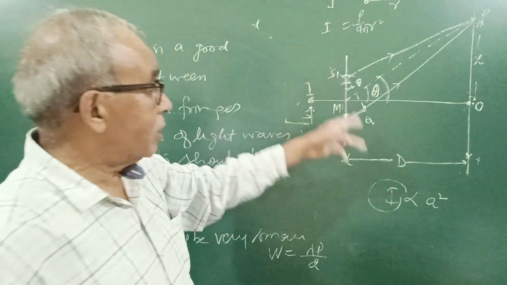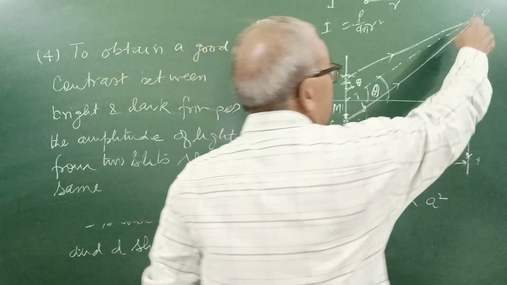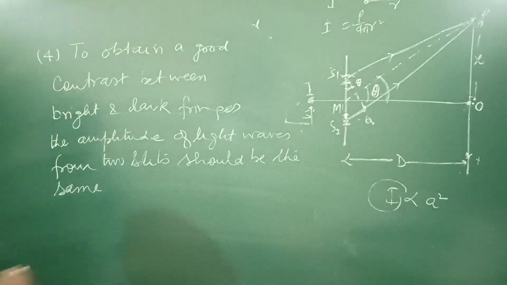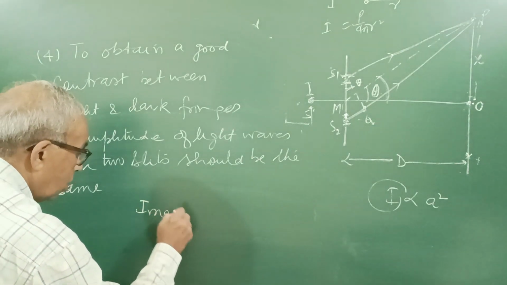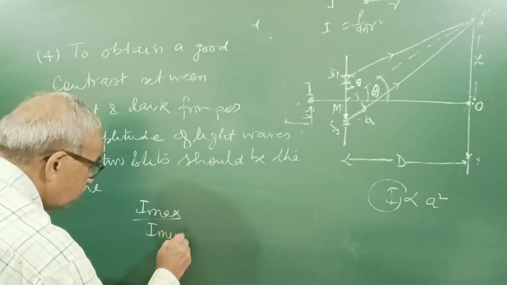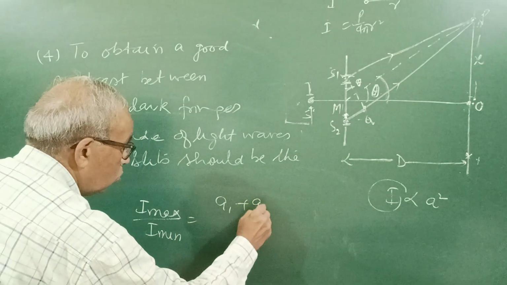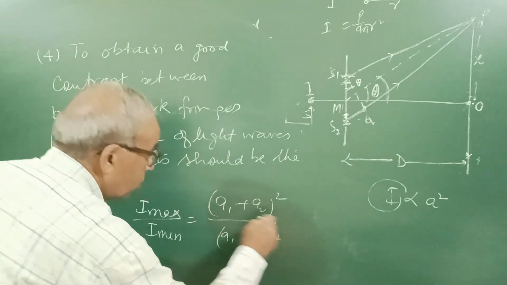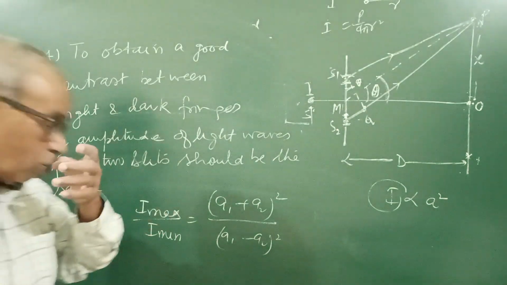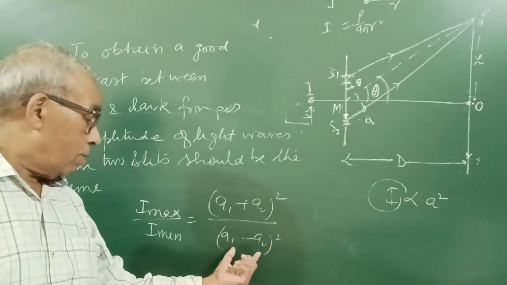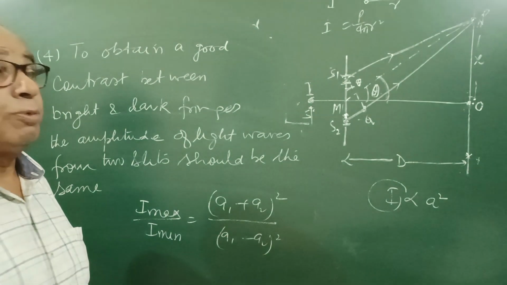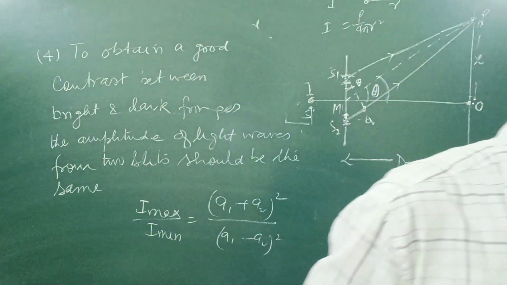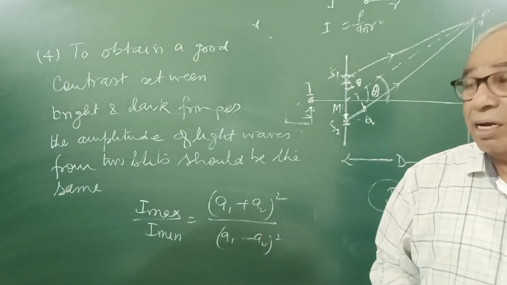If they have equal width, then we get waves of the same amplitude. Why is it so? Because I told you I maximum upon I minimum equals A1 plus A2 whole square upon A1 minus A2 whole square. A1, A2 are the amplitudes. If A1 is equal to A2, dark becomes 0 and there will be a good contrast between 0 and maximum. Contrast means the difference between the intensities should be large.